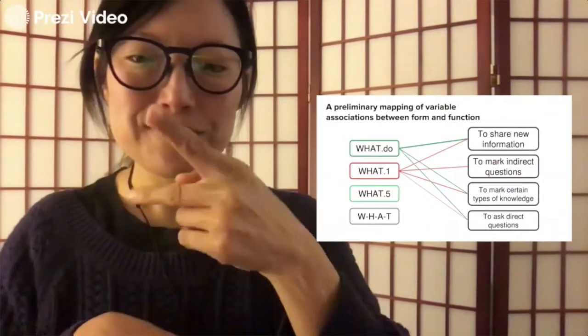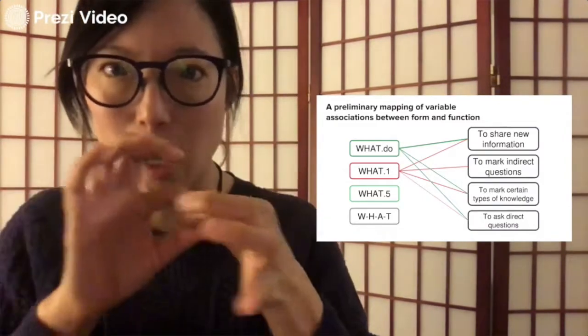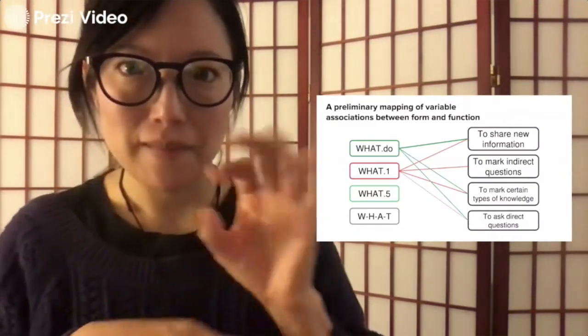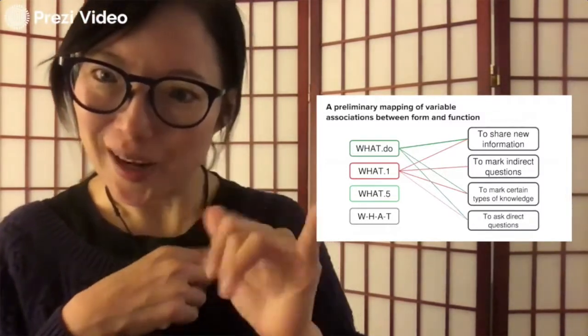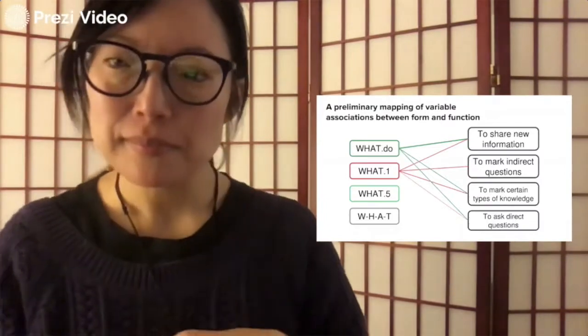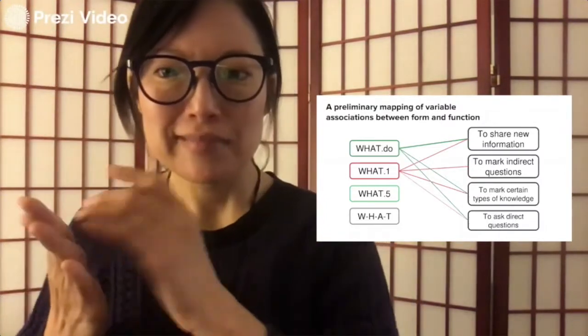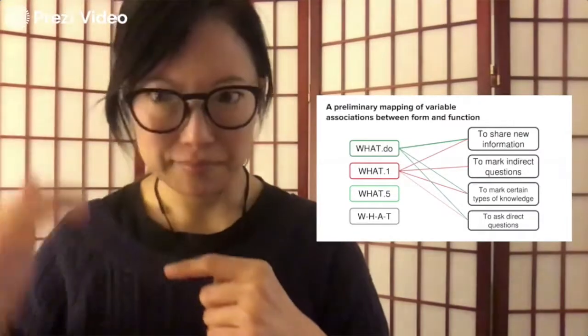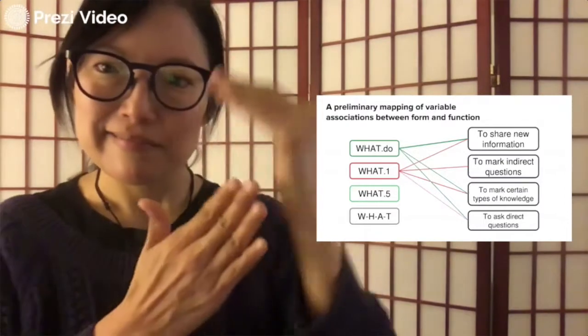The outcome is that we made this preliminary mapping of variable associations between the form and function of the signs what do and what one. This looks like a network of constructions, right? On the one side, there's a family of what signs, and on the other side, there's a list of functions.